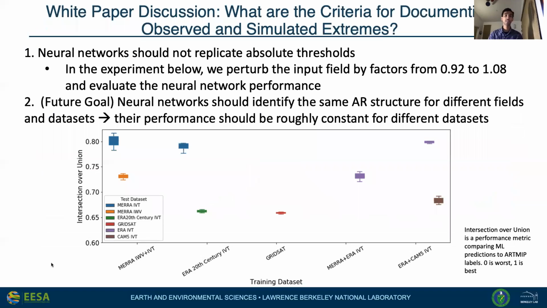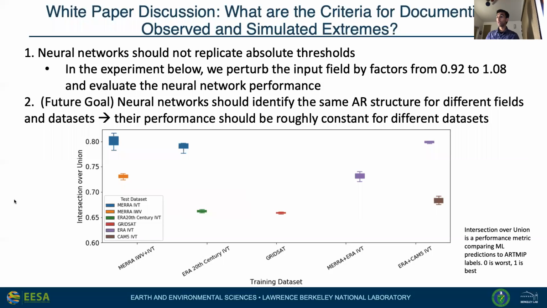Finally, let's move on to the final category of using neural networks in climate science, which is that neural networks should not replicate absolute thresholds, because existing algorithms use absolute thresholds. To test this hypothesis, we show in a variety of training data sets how the neural network performance changes if we perturb the input fields by a factor ranging from 0.92 to 1.8.